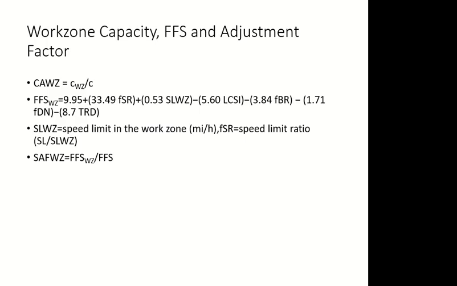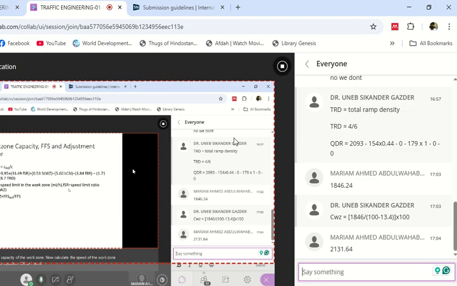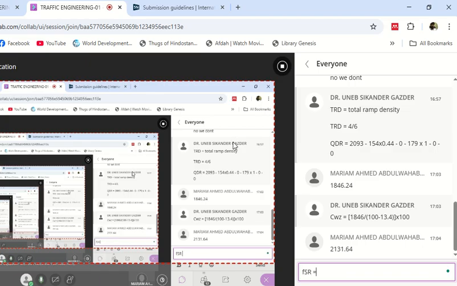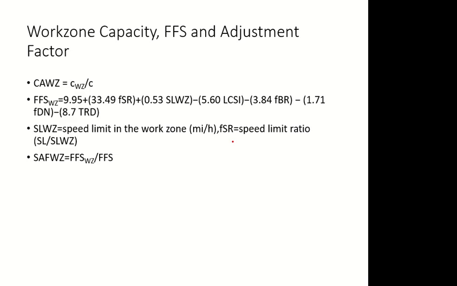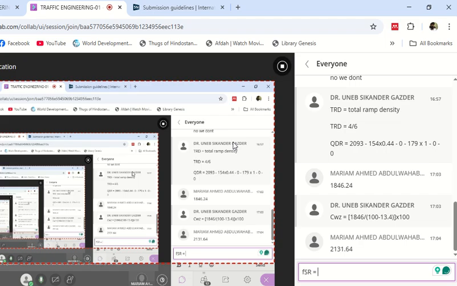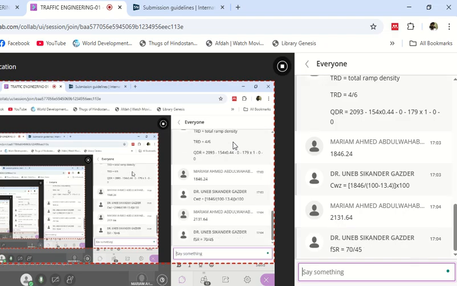Now I'll calculate the speed of the work zone, which is from this equation. I need the FSR ratio here. How much is this ratio? Normal speed limit is 70, work zone speed limit is 45. How much is this?